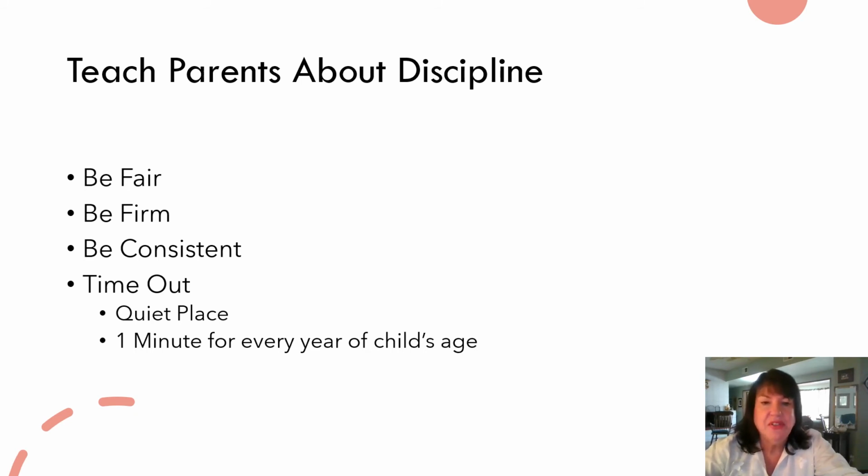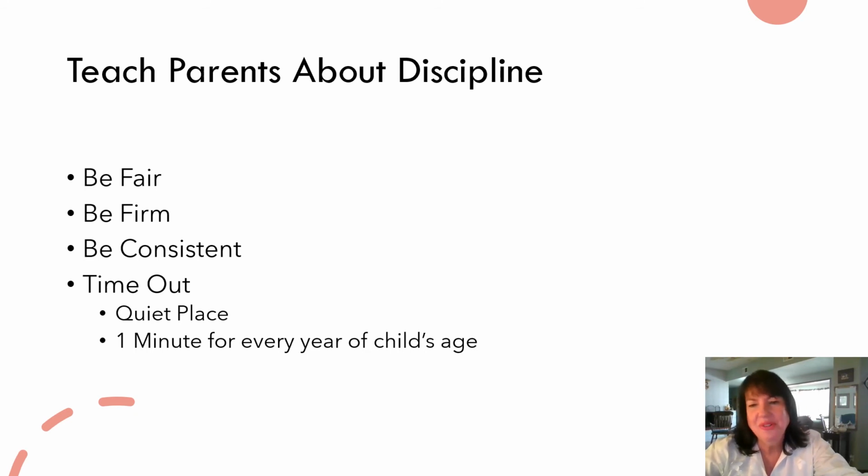Timeout, and most of us have heard of this by now, but it's when a child has misbehaved, deliberately disobeyed a parent, and we put that child in a place that's quiet, without a lot of stimulation, and to give, in many ways, that child a consequence, and then to give that child time to kind of pull themselves back together, okay? 1 minute for every year of the child's age.